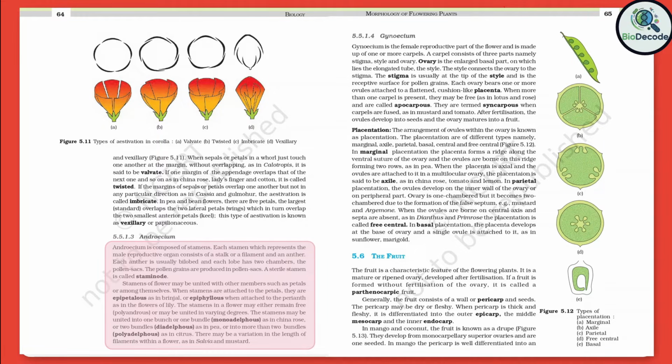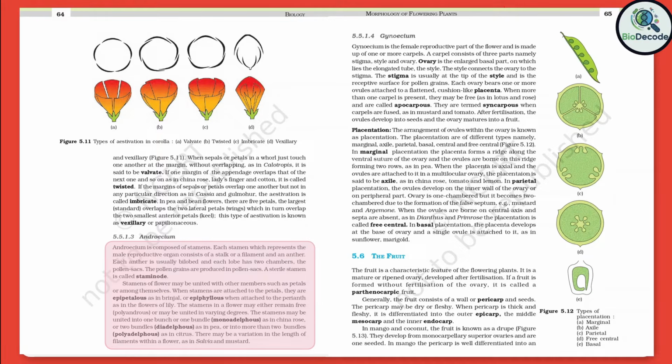Stamens of a flower may be united with other members, such as petals, or among themselves. When stamens are attached to the petals, they are epipetalous, as in brinjal, or epiphyllous when attached to the perianth, as in the flowers of lily. The stamens in a flower may either remain free, polyandrous, or may be united in varying degrees.